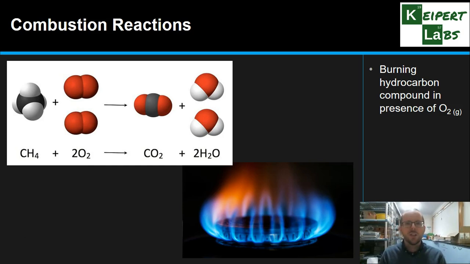Sometimes we talk about combustion of other things like magnesium, where there's no carbon and hydrogen, but it still fits this profile because we're burning it in the presence of oxygen. With hydrocarbons we produce carbon dioxide and water. So this one here we've got methane reacting with oxygen to form carbon dioxide and 2 water molecules. So we've conserved all of the atoms there, but we've formed these 2 types of products.